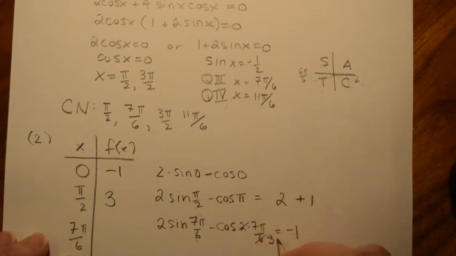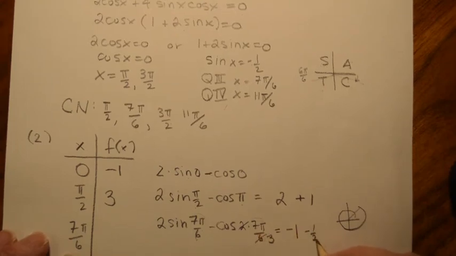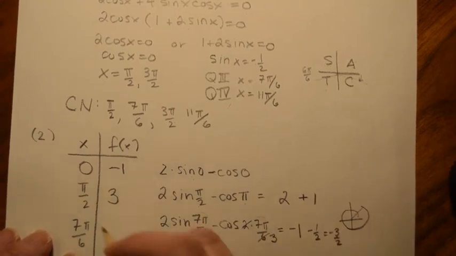That goes beyond our 2 pi, because 6 pi over 3 would be 2 pi. So this is pi over 3, but in the first quadrant, because we've gone all the way around and we're back up here. Cosine of pi over 3 is 1/2. So this is minus 1/2. So this is negative 3/2.